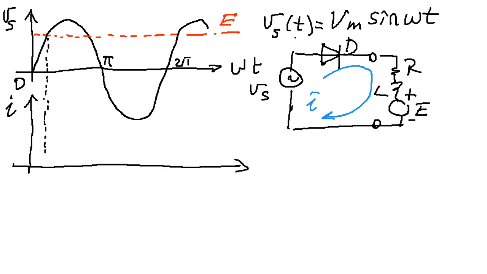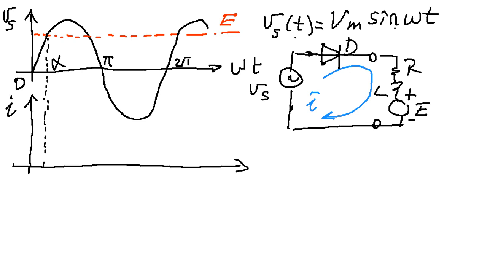This point I call alpha. Between zero and alpha, what is the voltage between anode and cathode of the diode?